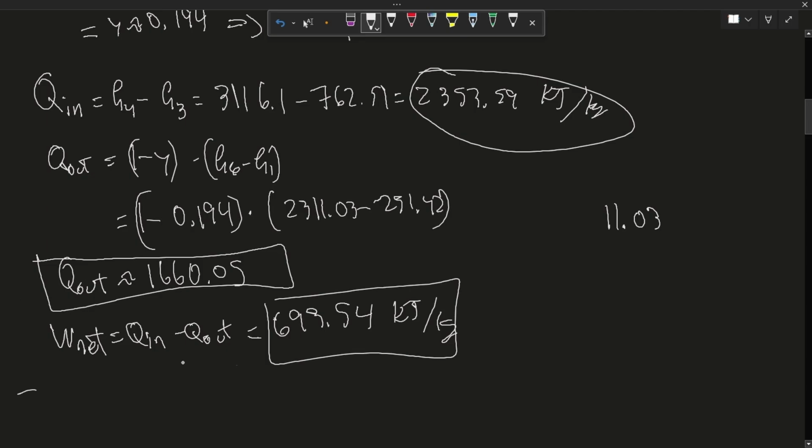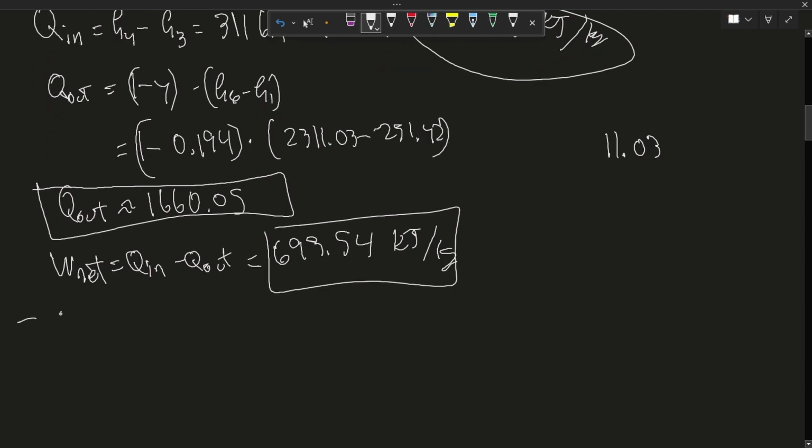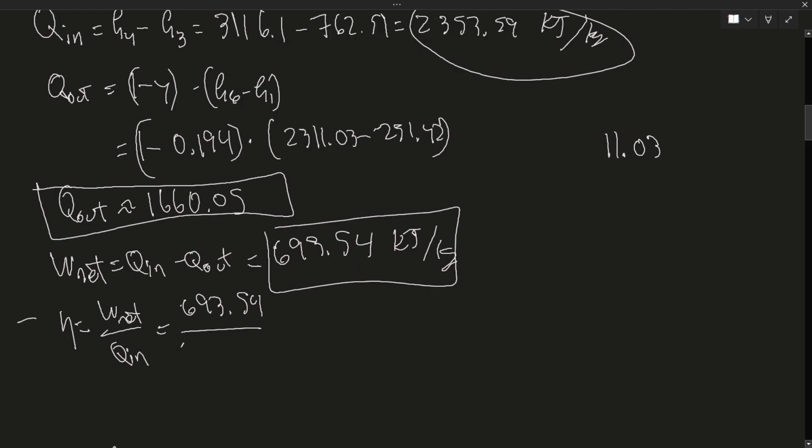Lastly, we can find the thermal efficiency with Q net divided by Q in. 693.54 divided by Q in, which was calculated up here, 2353.59, giving us a value of about 29.5%.